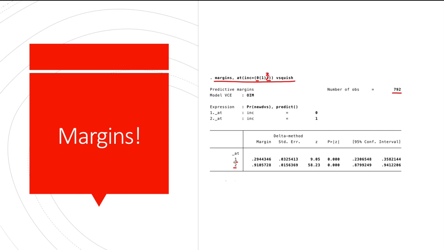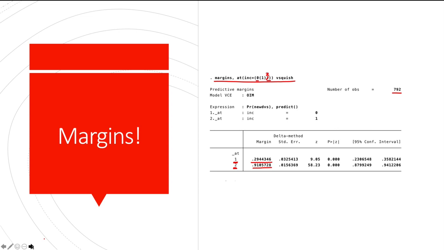So when incumbency is coded as 1, a low value, the probability of that vote share being above 55% is 29.44%. When incumbency is coded as 2, oh my goodness, look at that. The probability of that outcome occurring, a strong win, is 91%. That's quite amazing. All right, so those are the margins.